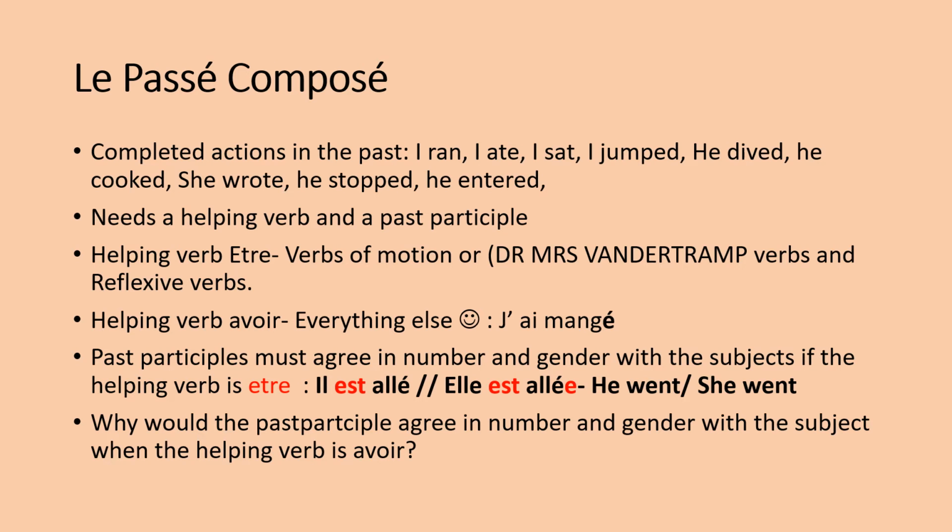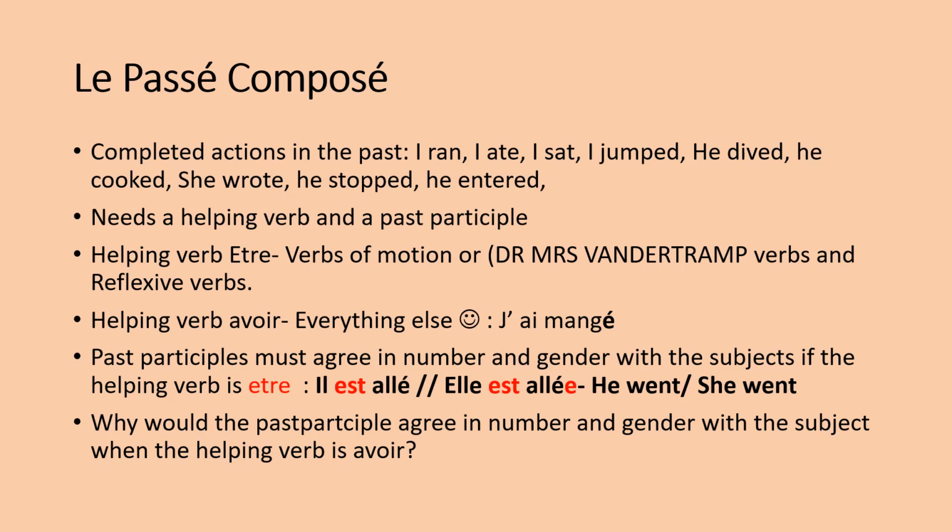And the reflexive verbs. Once you notice that you want to use a reflexive verb in the past tense, and it's a completed action, like I bathed at 5 o'clock, that bathed has two components. You have the helping verb, which should be être, and you have the past participle, which is the ed form in English.